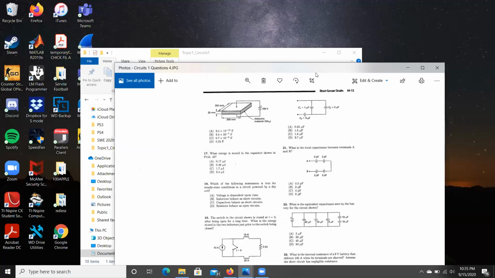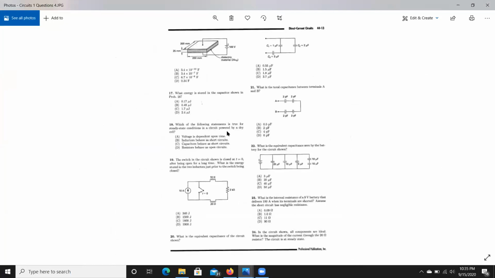Can y'all tell me if we did this one already? Oh, this one.